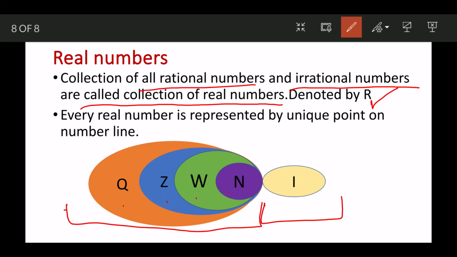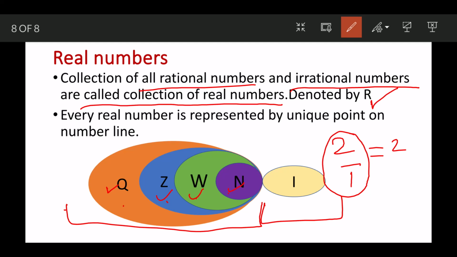How is it possible? It is possible. Like if we take the example 2, we can write 2 upon 1 also, na? And its value is 2. This means I can write it in the form of p by q. So all the integers, whole numbers and natural numbers can be written in the form of rational numbers. So all are rational numbers, but the opposite is not true.